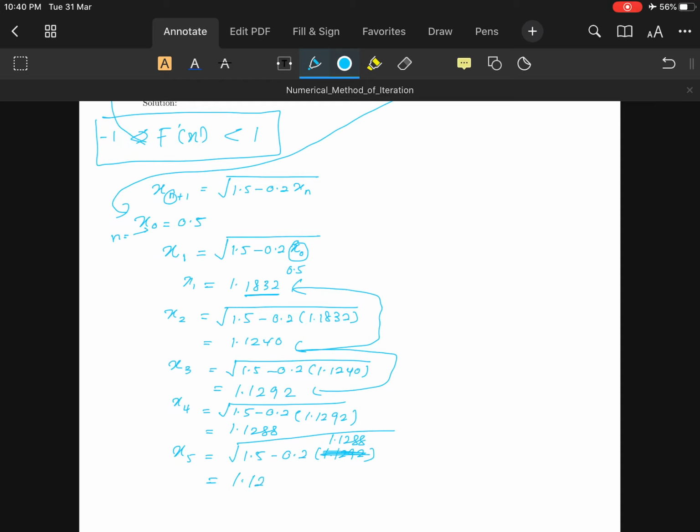Because we are keeping up to 4 decimal places, it now looks like there are no more changes. If you continue with x6, you just substitute this value inside, and you get back 1.1288.